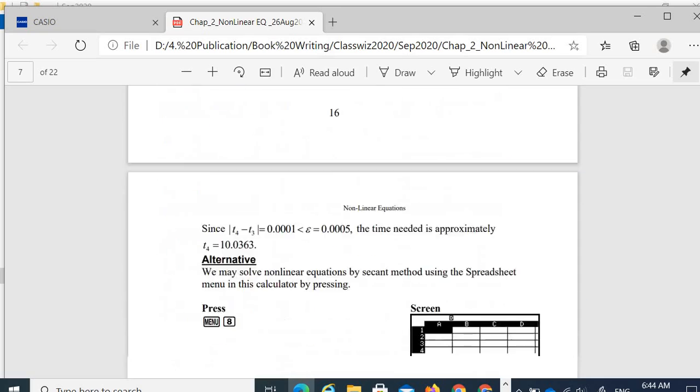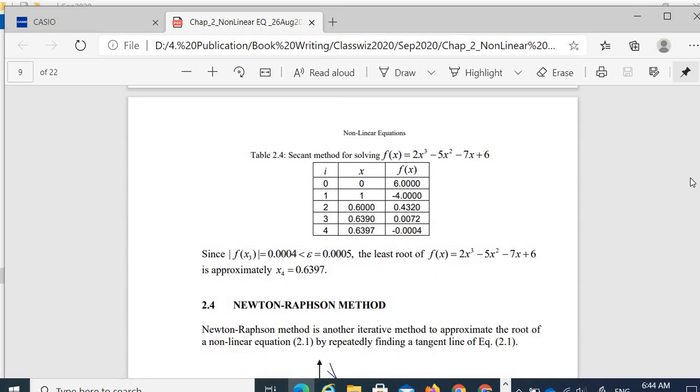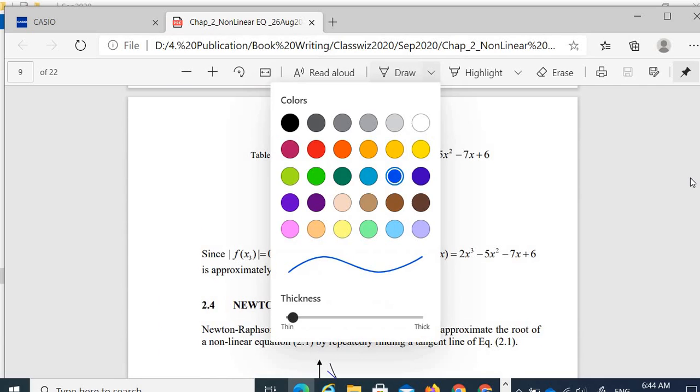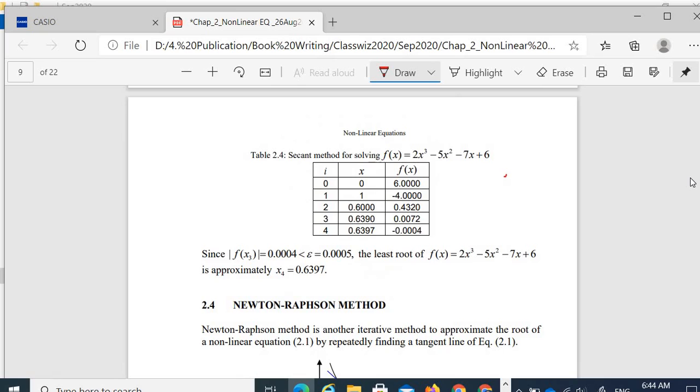I'm going to show, if you're not using the spreadsheet manual, x2 is actually, you want to approximate x2, will be x0 times fx1 minus x1 times fx0, divided by x1 minus x0, in this way.